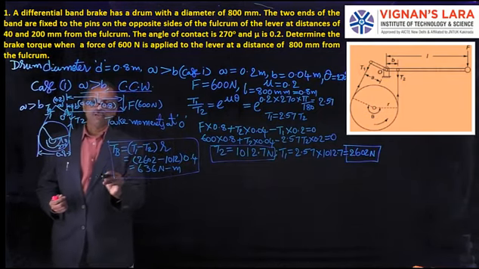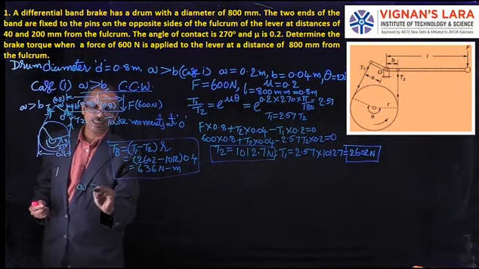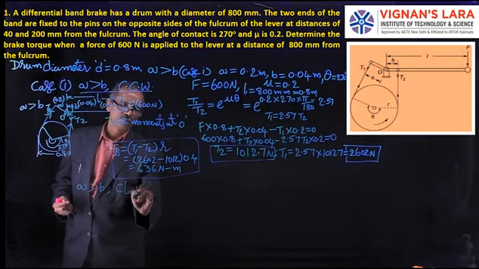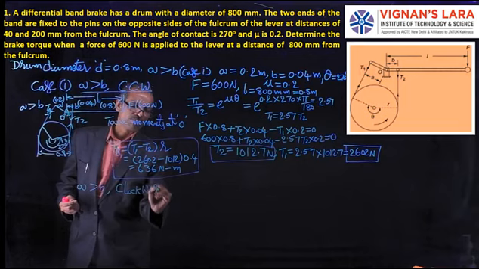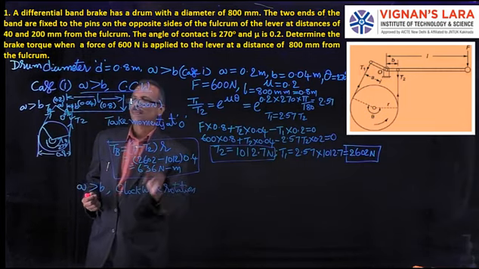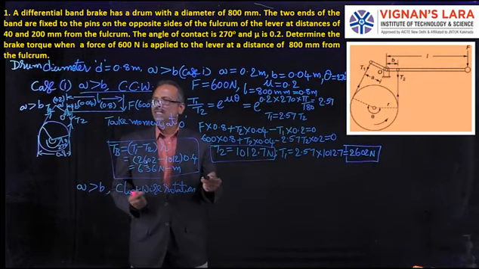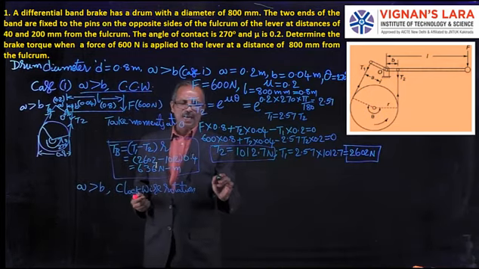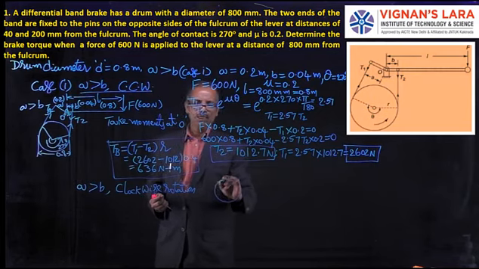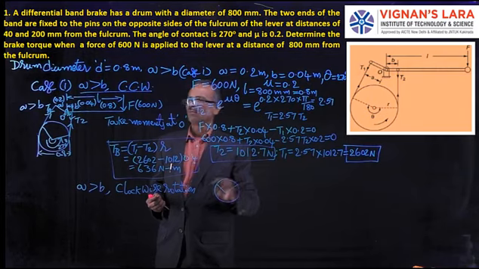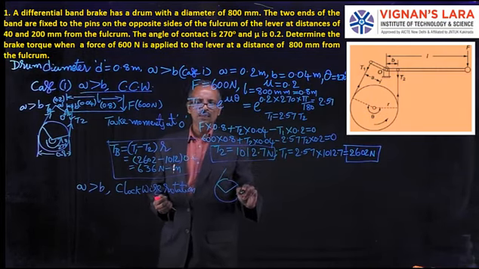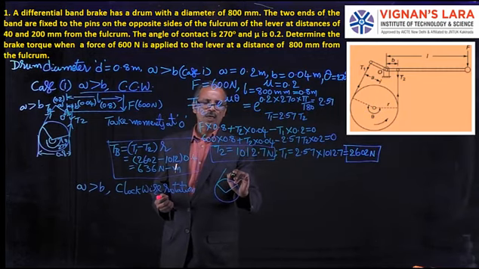So now I will do A greater than B with clockwise rotation. With clockwise rotation, how it changes, let us see. You get only a small difference in the diagram like this. This is your brake drum and this is one part of the belt and this is another part.